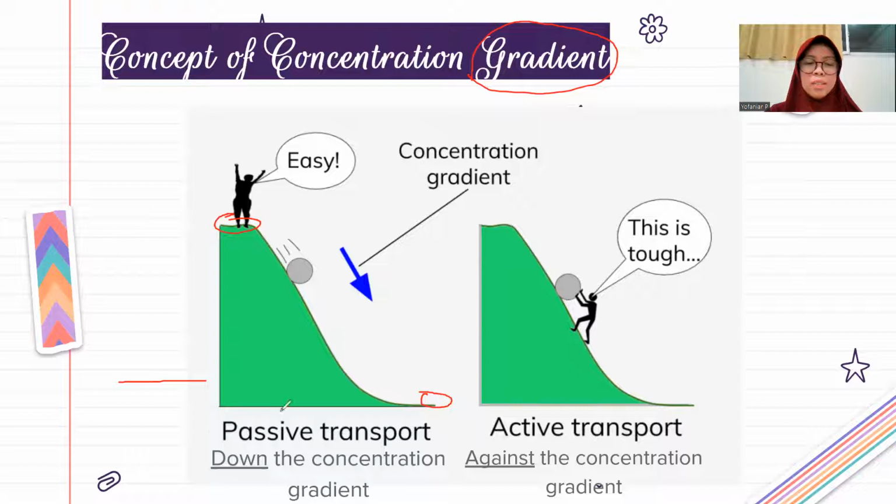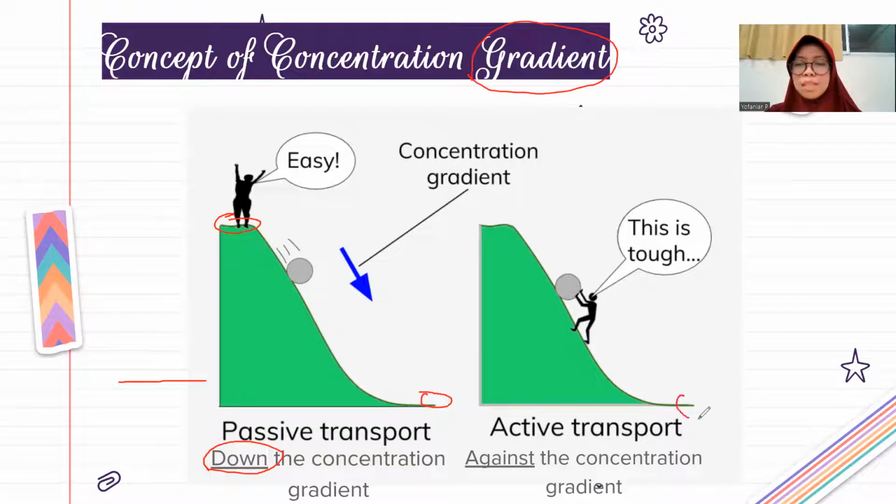And for passive transport, the movement of the particle is down the concentration gradient. It means the particle moves from the high concentration to the low concentration. And this process is easy and it doesn't need any energy. Meanwhile, for active transport, the direction is vice versa, sebaliknya.